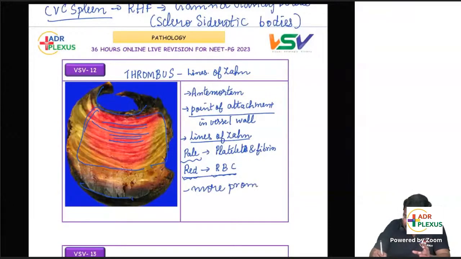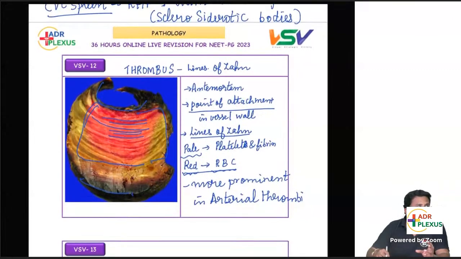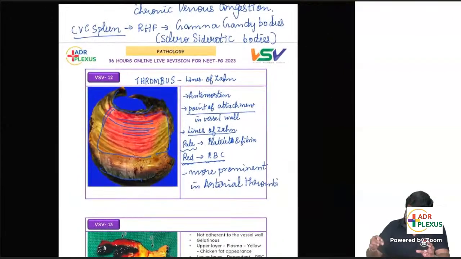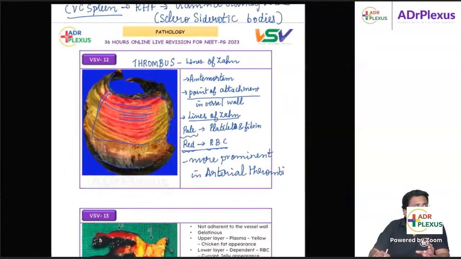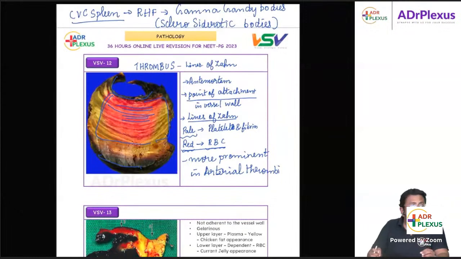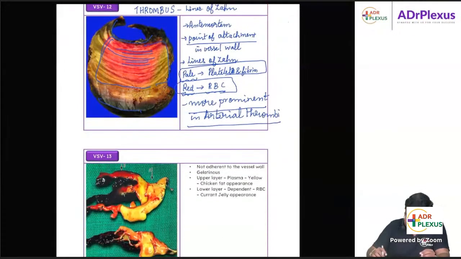Please remember, lines of Zahn are more prominent in arterial thrombi than in venous thrombi. RBC, red zone, and platelets and fibrin, actually, it is pale zone. Okay, so thank you for the feedback.